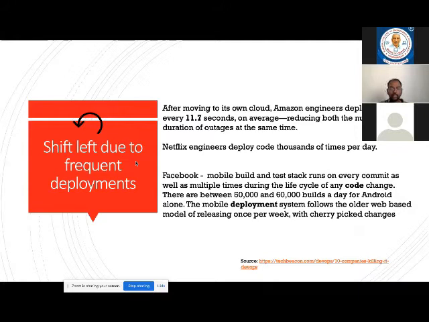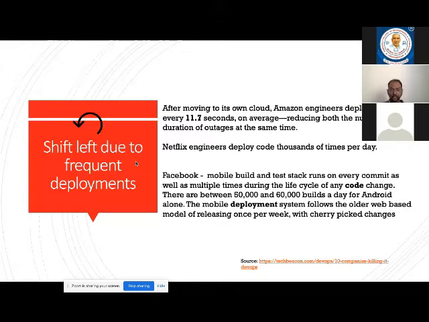If you look at Amazon today, Amazon being the largest online seller, and if you consider their deployment cycles, it's insane. They deploy every 11.7 seconds. There's a build out there for any customer to use. Similarly, Netflix deploys code thousands of times per day.